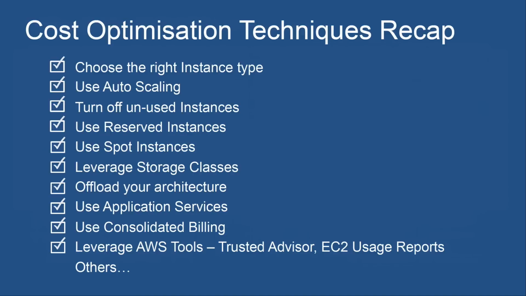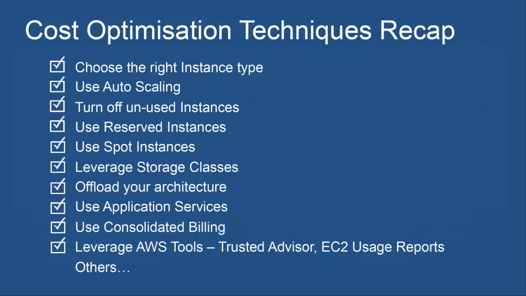Using consolidated billing to take advantage of volume discounting and to share reserved instances across different AWS sub-accounts. And lastly, leveraging AWS cost management tools, Trusted Advisor and EC2 usage reports, to get visibility and, through visibility, control of your AWS costs and enable you to optimize them.